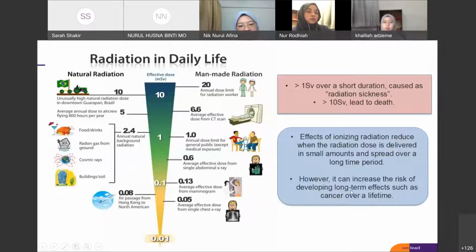This is known as a stochastic effect. So my answer for the question earlier is that it is true. One chest X-ray can increase the risk of cancer. However, it should be noted that having a risk is not equal to you surely being subject to cancer.